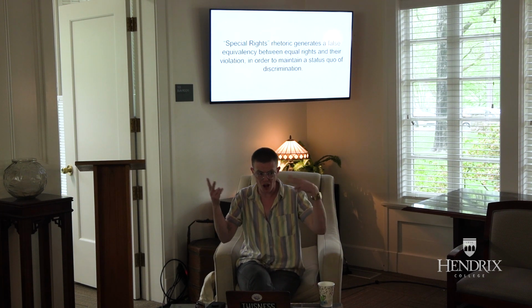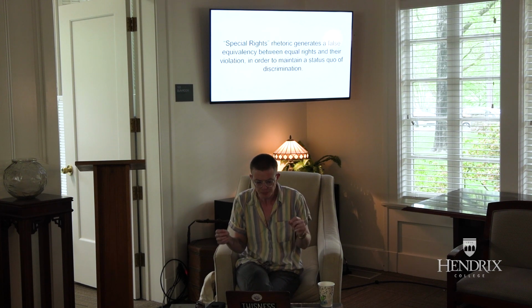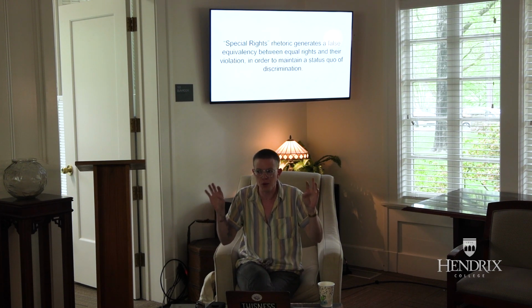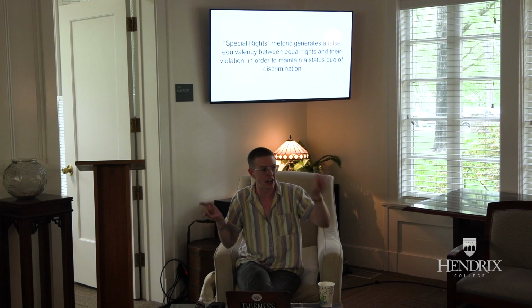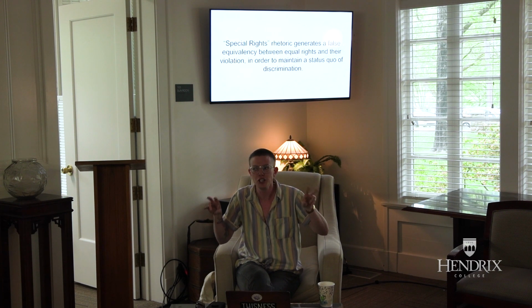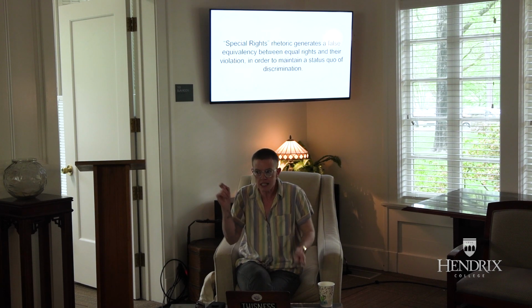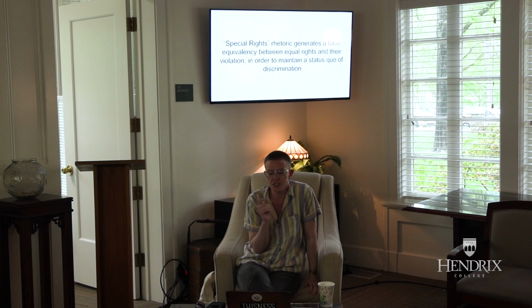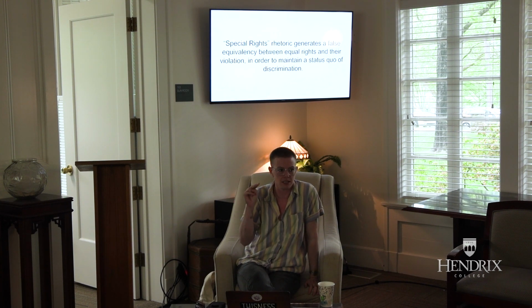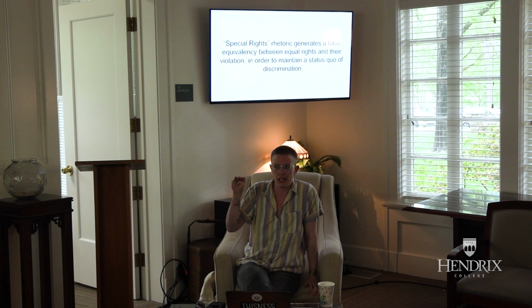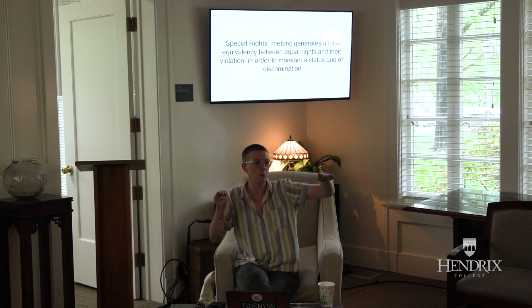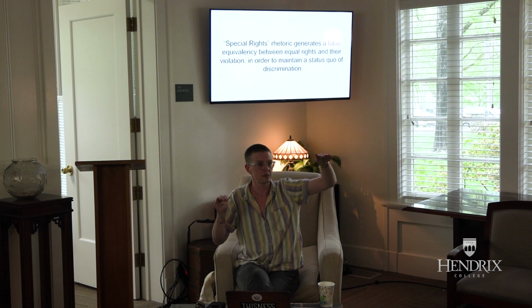And so what underlies all of these sort of special rights claims is a false equivalency between equal rights and their violation, which you would think is hard to equivocate on, but that's exactly how these things work. So to say that gay people are getting a special right to get gay married, what you're doing is making it seem as though gay marriage is a violation of the equal protections of straight people, right?